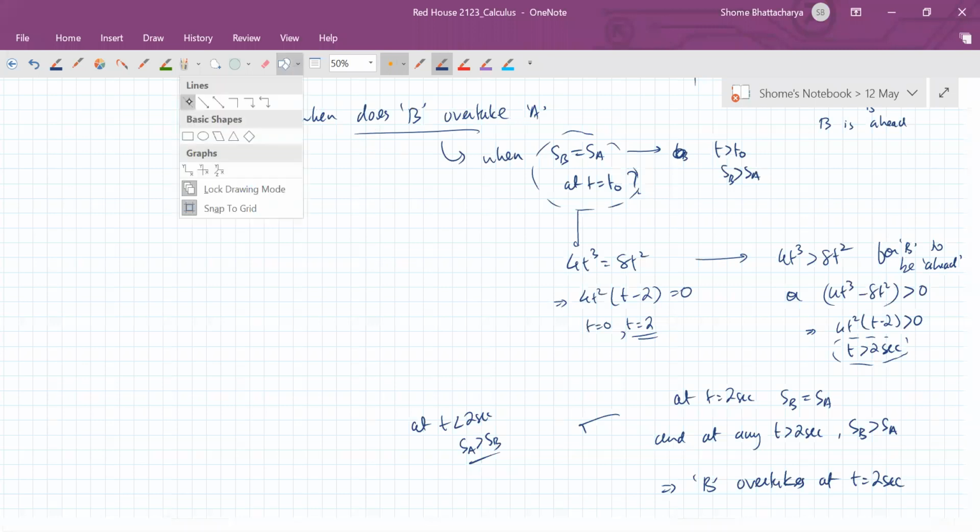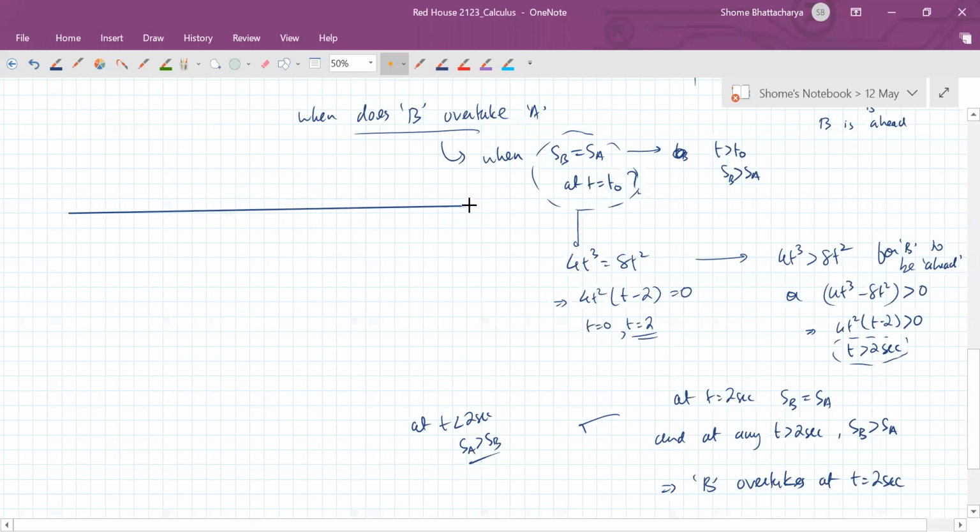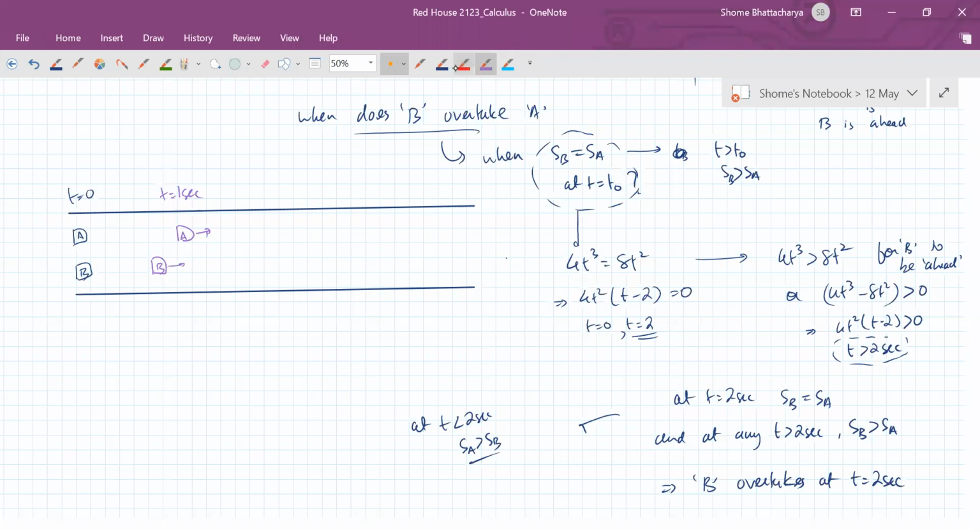If you were to visualize this, this is what is happening. They start alongside at t equal to 0. At t equal to 1 second, A is ahead, B is behind. At the instant t equal to 2 seconds, A and B have come alongside.